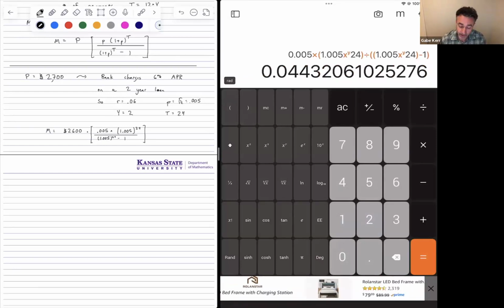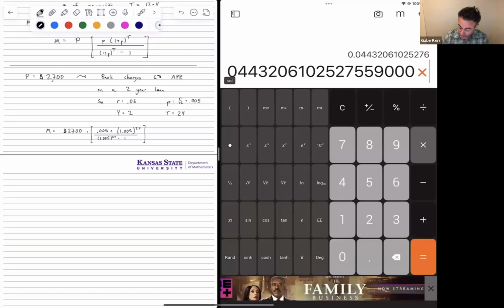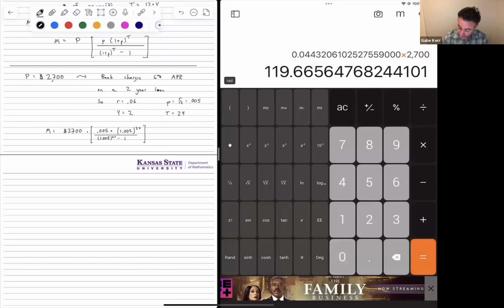Okay, I'm going to multiply that times... I'm sure many of you caught this, but I don't know why I changed the amount. $2,700. That's how much my principal was. I'm sorry, I wrote down 2,600. So I'll multiply this whole thing by $2,700.